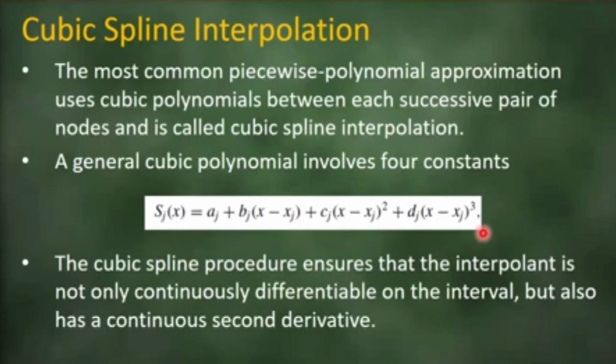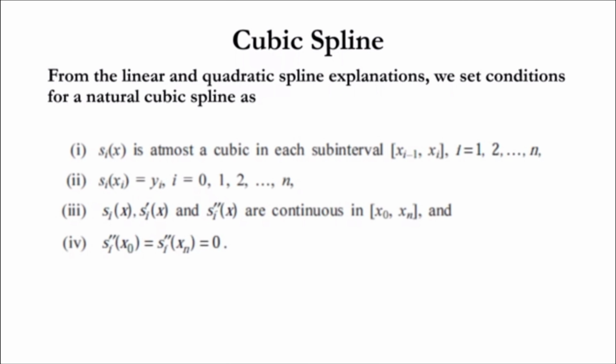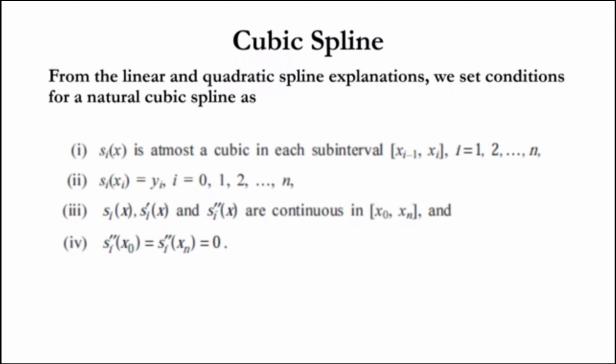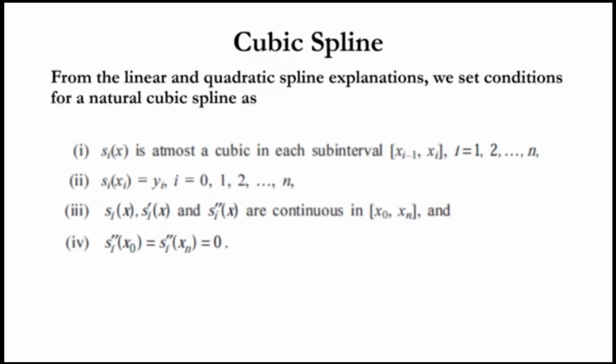The cubic spline procedure ensures that the interpolant is not only continuously differentiable on the interval, but also has a continuous second derivative. From the linear and quadratic spline explanation, we set conditions for a natural cubic spline as follows. S sub i of x is at most a cubic in each subinterval, which is x sub i minus 1 and x sub i, where i equals 1, 2, and so on.